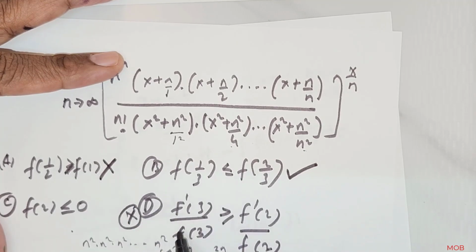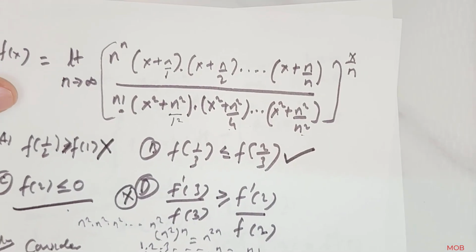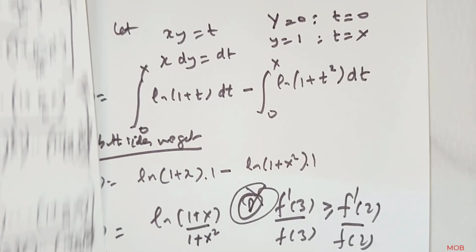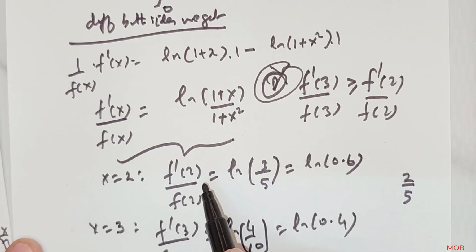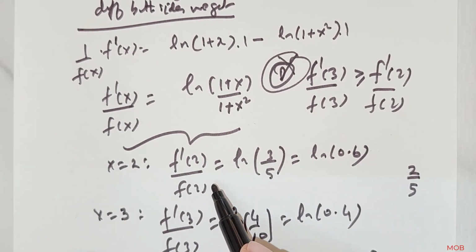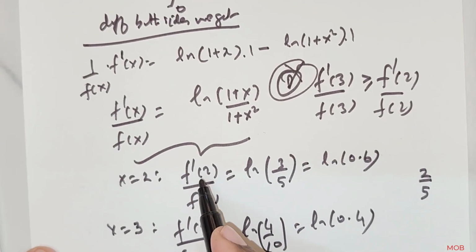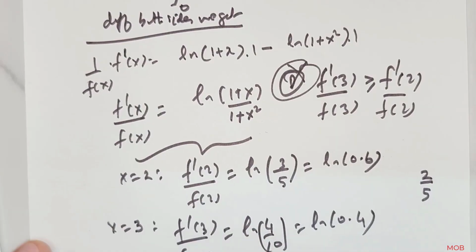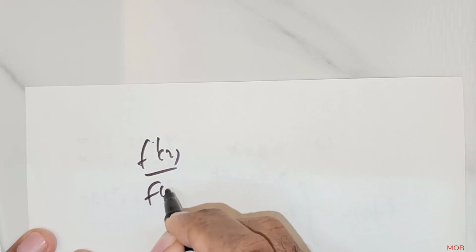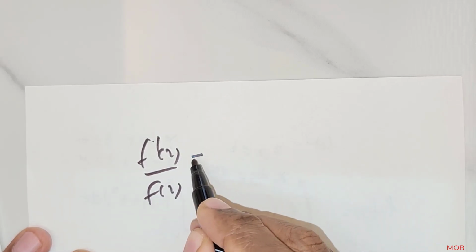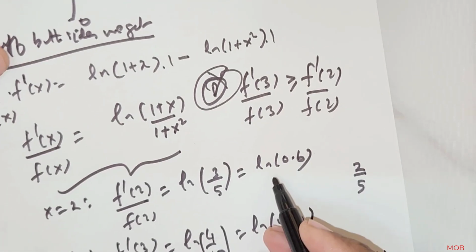So we have handled three choices. What remains is the last one. Let me go back to the last one, for f of 2. I need a new sheet of paper. I think I can use this information for deciding on this question. Clearly, f dash of 2 divided by f of 2 is equal to ln 0.6.